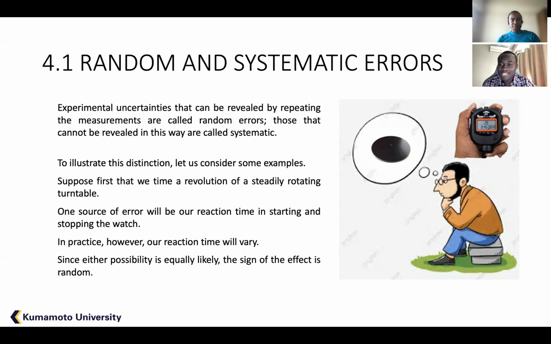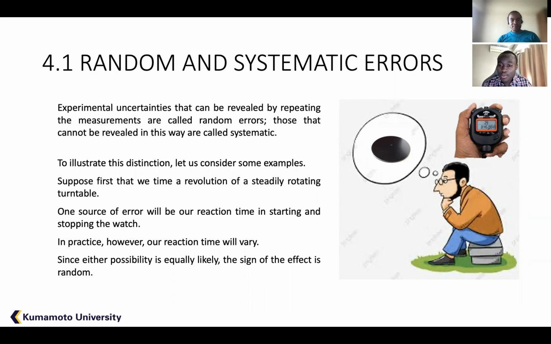Random and systematic errors. Random errors are those that can easily be addressed by statistical methods. This is because random errors are presented in both directions. That is, some are negative and some are positive.